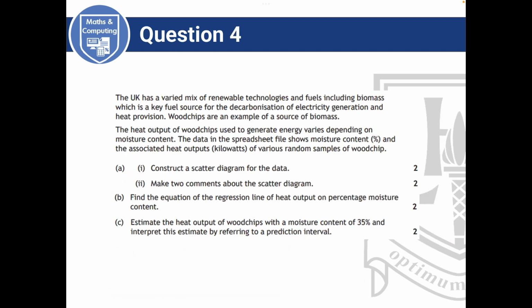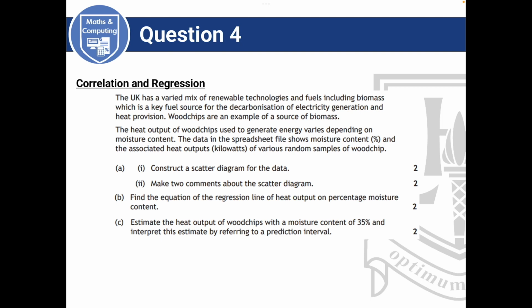Okay, so moving on. Now we're going to go on to looking at a correlation and regression question. I'm going to load this up onto RStudio, and we're going to work through this question together there. In this question, we are given a data file and a wee bit of a blurb about it. The UK has a varied mix of renewable technologies and fuels, including biomass.